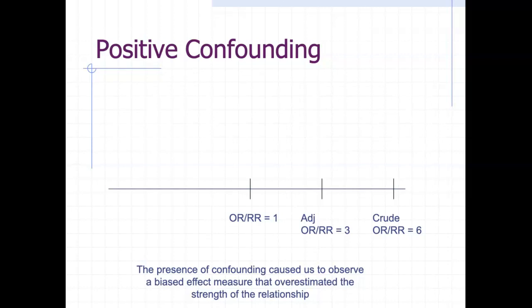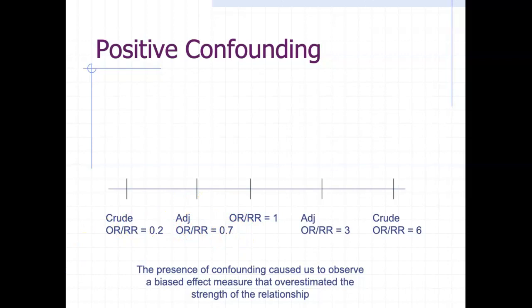We can get the same issue on the other side of 1 as well. Let's say I calculate a crude measure of association of 0.2. Remember, this is a biased measure of association. When we look at the adjusted measure, we see that the more valid measure is 0.7.